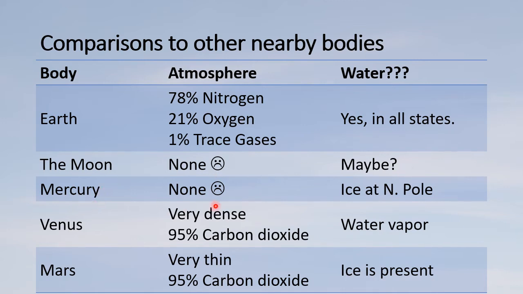On Mercury, there is no atmosphere. There is ice that we can find at the North Pole. Venus has a very dense atmosphere that is 95% carbon dioxide. There is water vapor present. And Mars has a very thin atmosphere, which is 95% carbon dioxide, and there is ice present.